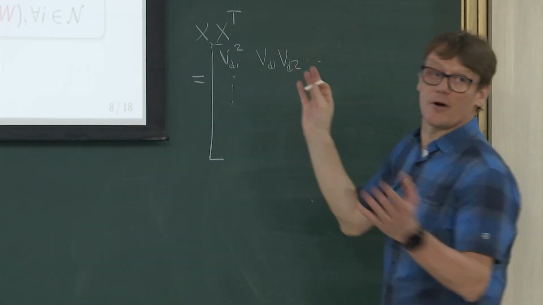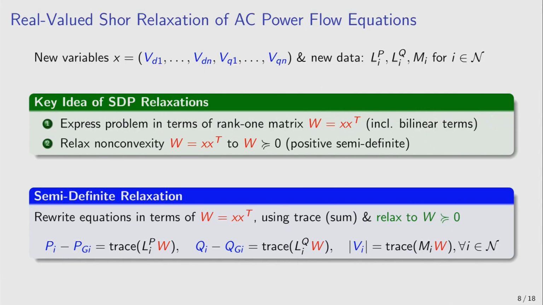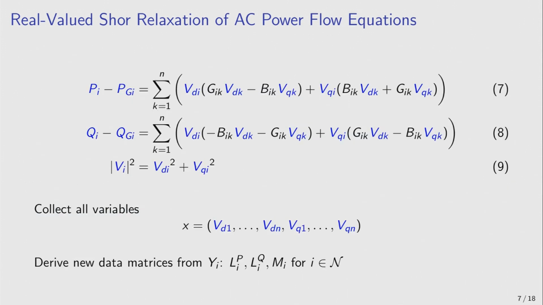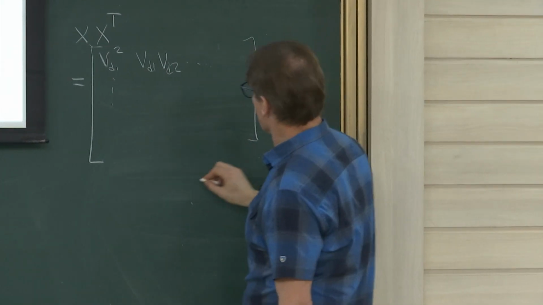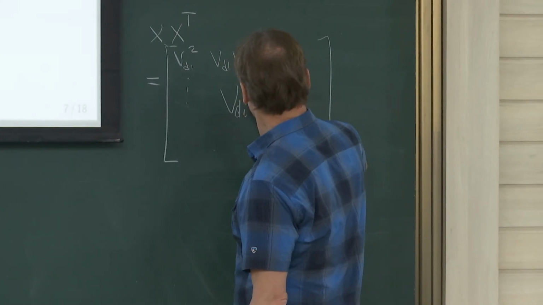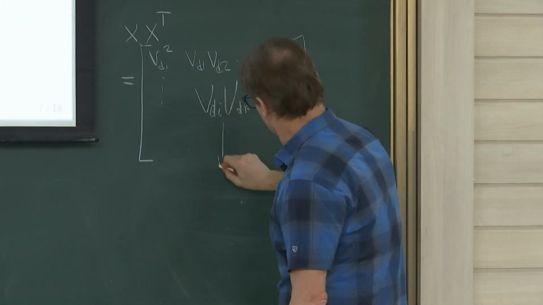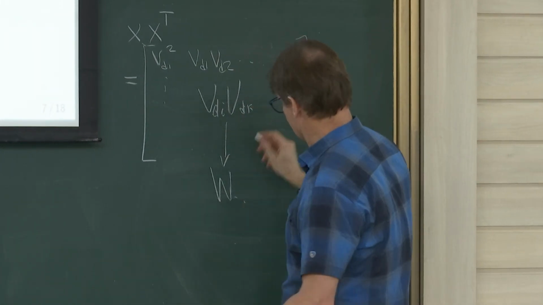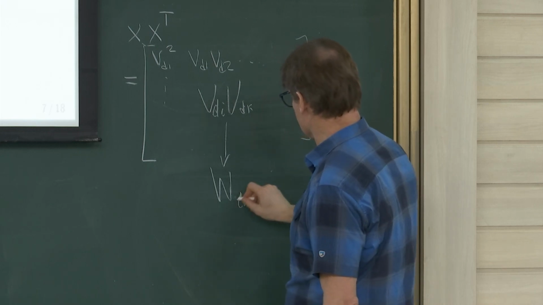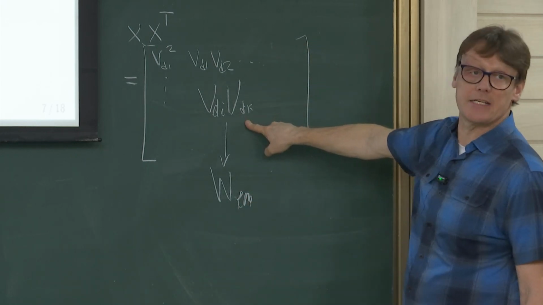So I will have all the possible bilinear combinations that are in this vector x, and in particular, I have all the bilinear terms that I need to reconstruct my equation here. So whenever I find one of these bilinear terms there, VDI times VDK, I replace it somewhere in here. There will be a VDI VDK. And so this corresponds to some entry WLM, and I just replace it by that.